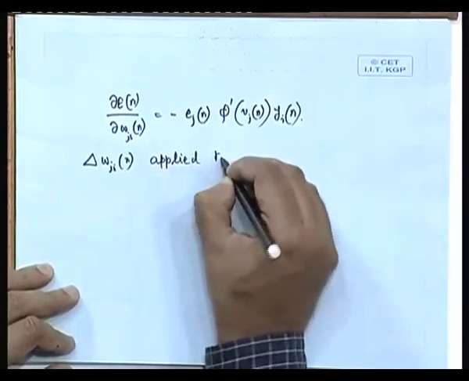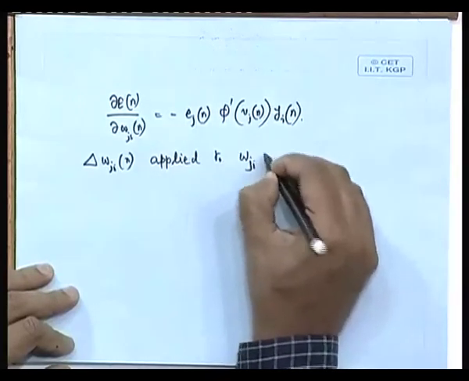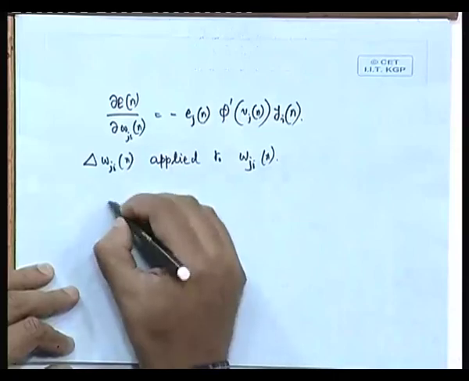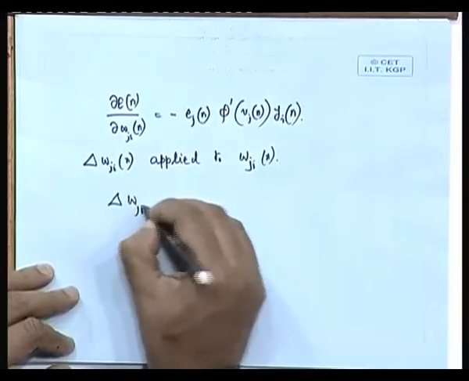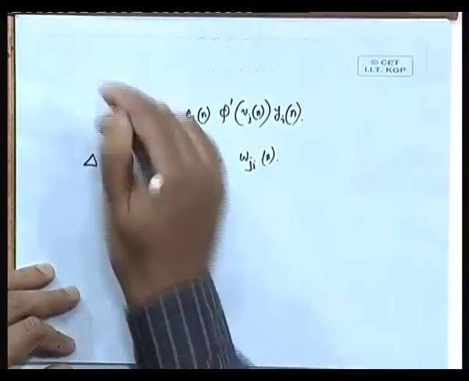And now the correction delta Wjin applied to Wjin can be written as follows, because delta Wjin is going to be proportional to dou E dou Wji, the error with respect to Wji. What is the constant of proportionality? Eta.